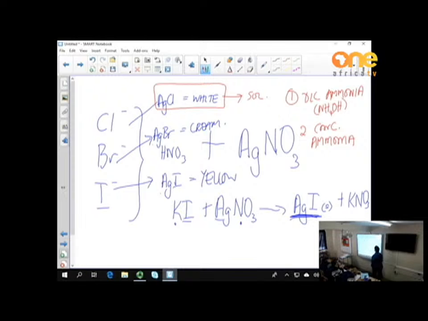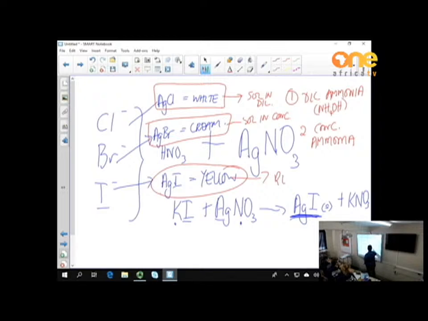You do it in steps. The chloride will obviously be soluble, as it is in dilute ammonia, but you will find that the bromide becomes soluble in concentrated ammonia. And then you will find that the last one, the iodide, remains insoluble. And then you have distinguished them from each other.